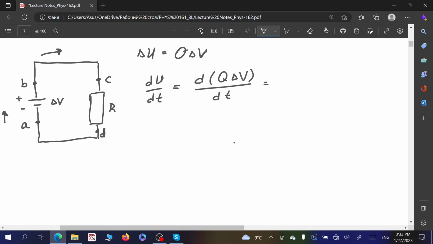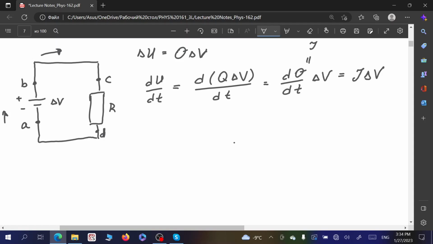That will be dq over dt times delta V, because delta V, the potential difference, is a constant parameter. And what is this derivative, the first derivative of electric charge over time? It's electric current I. It's the rate at which charge is transported through the conductor. So that will be electric current I times potential difference V. Current times potential difference will be equal to the rate of energy dissipation.